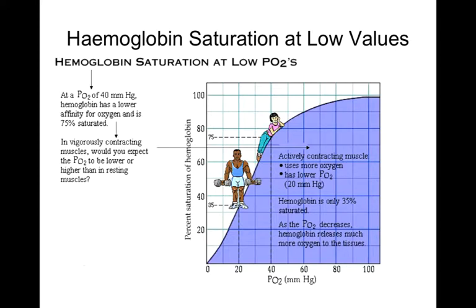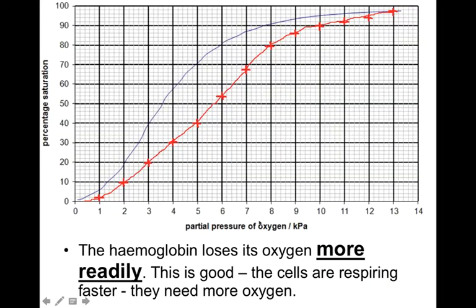So, what we're going to look at today is how this dissociation curve changes when you have different parameters. In this case, you've got the blue line that represents the normal line, and we have our red line for somebody who is undergoing exercise.